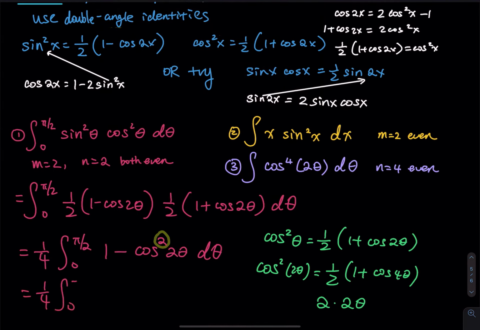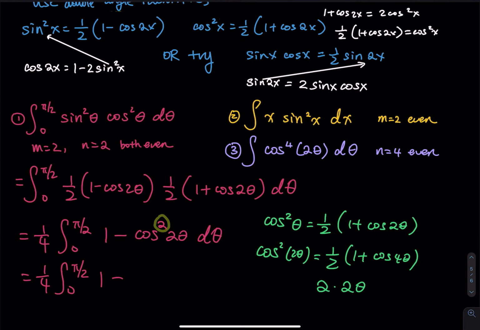1/4 from 0 to pi over 2, and then 1 minus, and then that gives me a 1/2 times 1 plus cosine of 4 theta, and then d theta. Don't forget that 1/2, we subtract the whole thing. Actually, we don't really need a parenthesis right there.